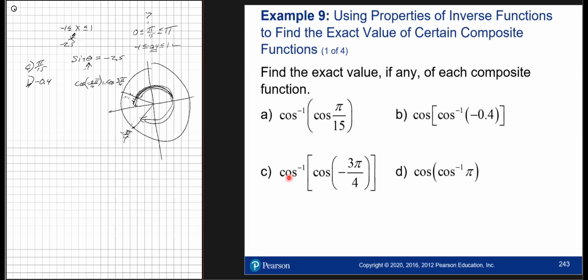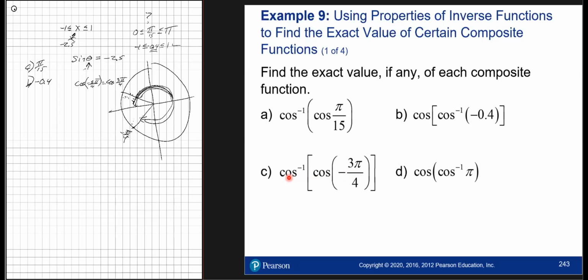And so the inverse cosine of the cosine of negative 3 pi over 4 is the same as the inverse cosine of the cosine of 3 pi over 4, which just equals 3 pi over 4. So letter C is 3 pi over 4.